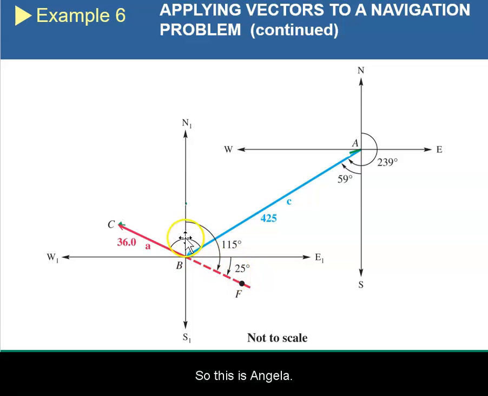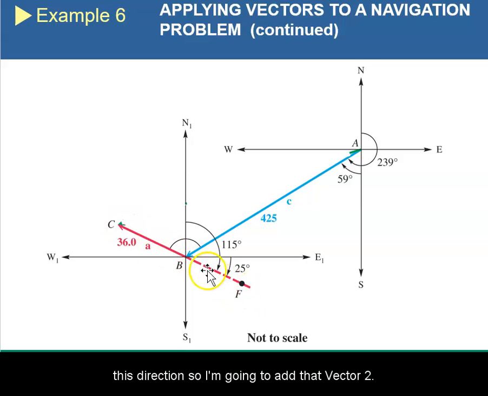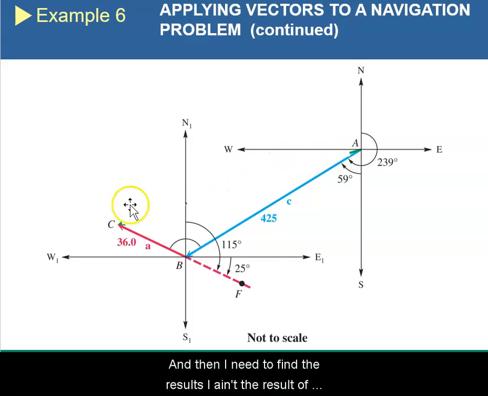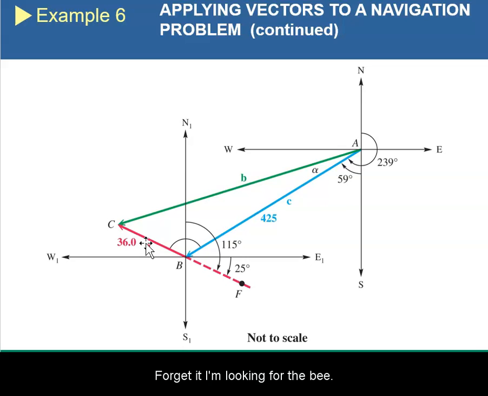Okay, so this is the angle that's formed between these two, right? So I'm flying this way, I'm getting pushed in this direction, so I'm going to add that vector to it, and then I need to find the result, right? The result of these two vectors being added together, right? So I'm looking for B. Okay.